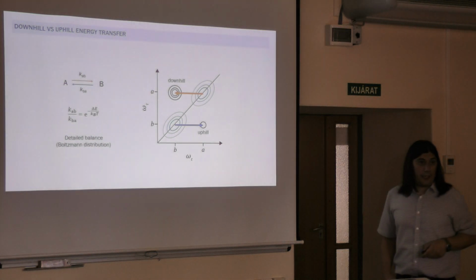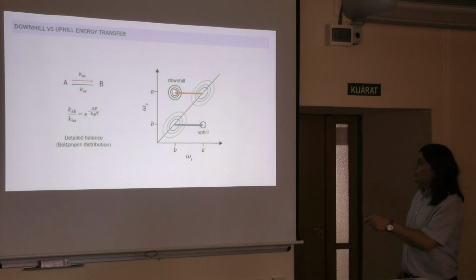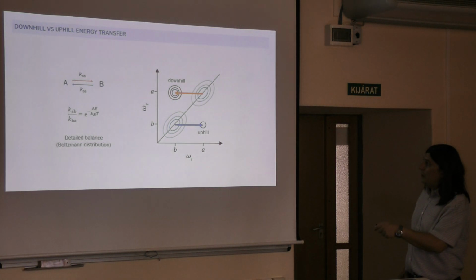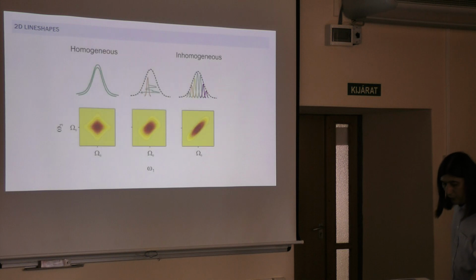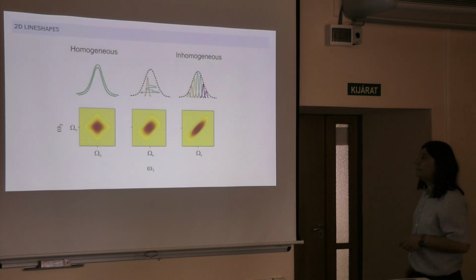And you can quantify that simply because you will have this downhill energy transfer peak, you will also have an uphill energy transfer peak. Their amplitude ratio, their intensity ratio, is your equilibrium, is the ratio of the rate constants. Okay? So you can, in a way, simultaneously view the energy transfer in one and in the other direction, which you cannot do in one dimension.